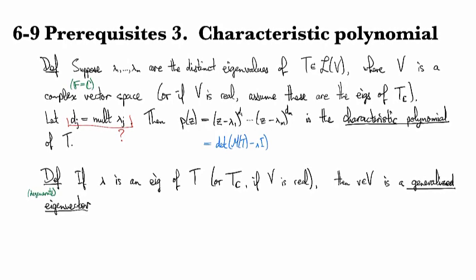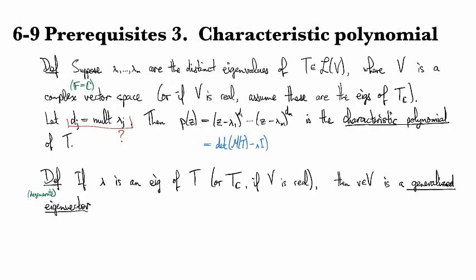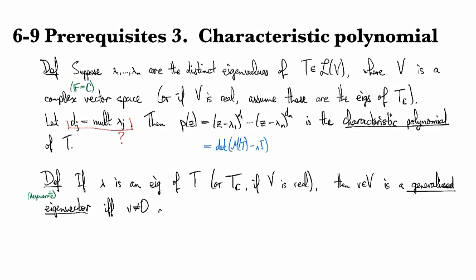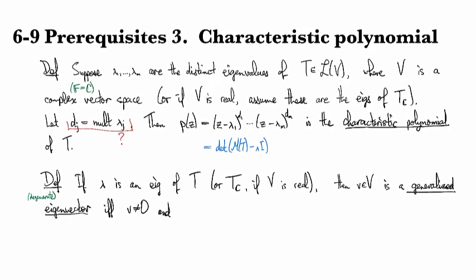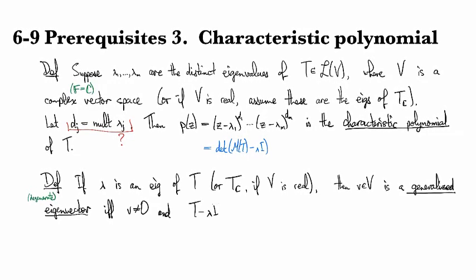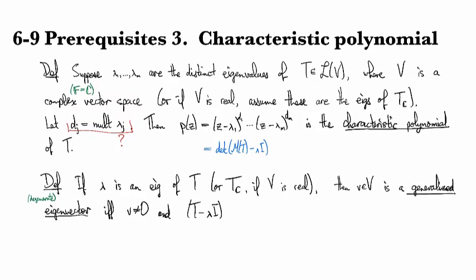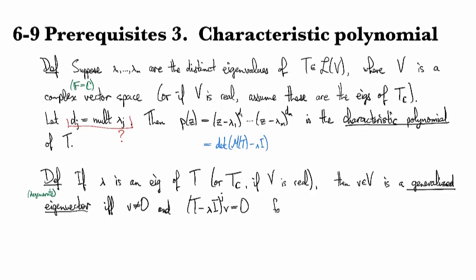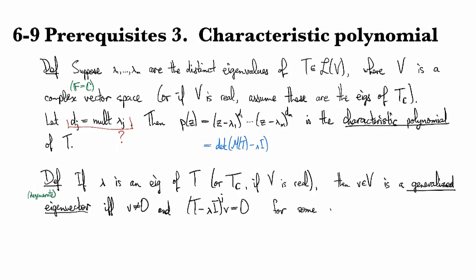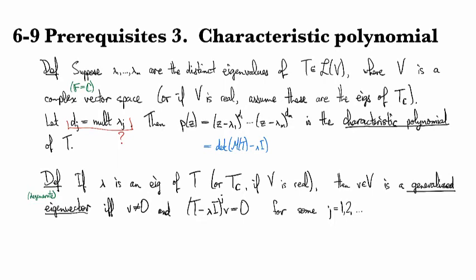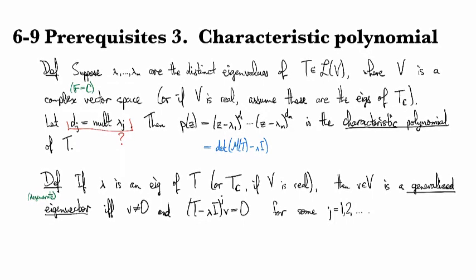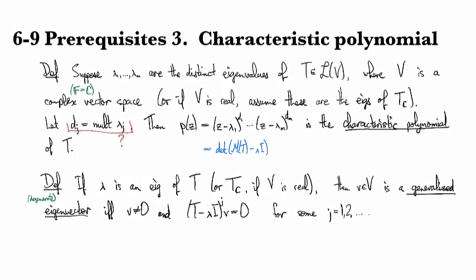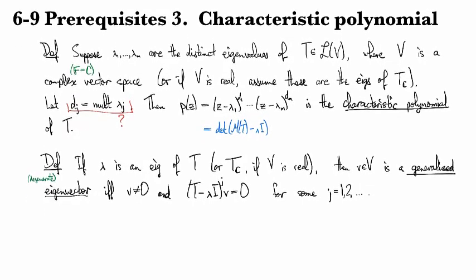Or a defective eigenvector, if they're really mean. If v is non-zero and T minus lambda I to the j power applied to v is equal to 0 for some positive integer j. And so if this is true with j equals 1, then that's just a standard eigenvector.